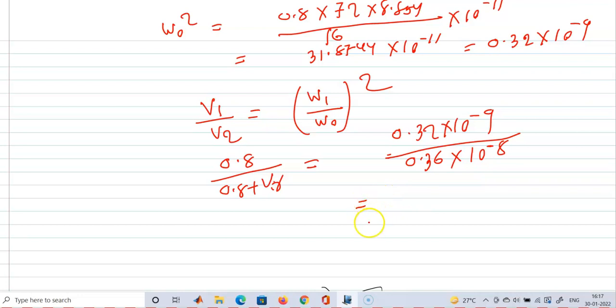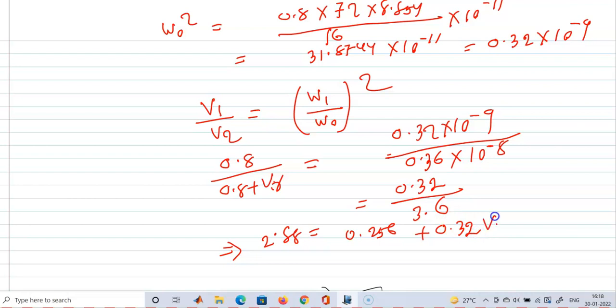So finally you divide 0.32 upon 3.6. Just do a cross multiplication, or you can directly multiply 0.8 into 0.36, which gives 2.88 equal to 0.32 into 0.8, that is 0.256, plus 0.32 VR.